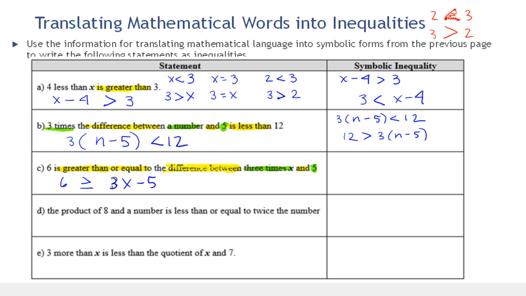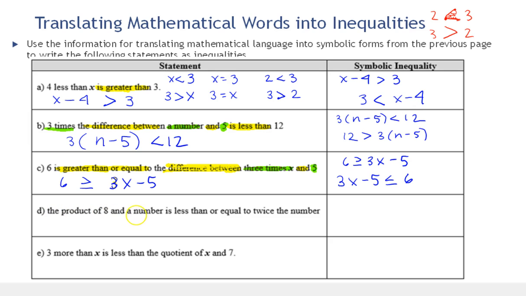So our inequality is 6 is greater than or equal to 3x minus 5. Again, we could reverse this direction, but we'd have to reverse the inequality symbol. So this is equivalent to 3x minus 5 is less than or equal to 6. Let's look at the next one.